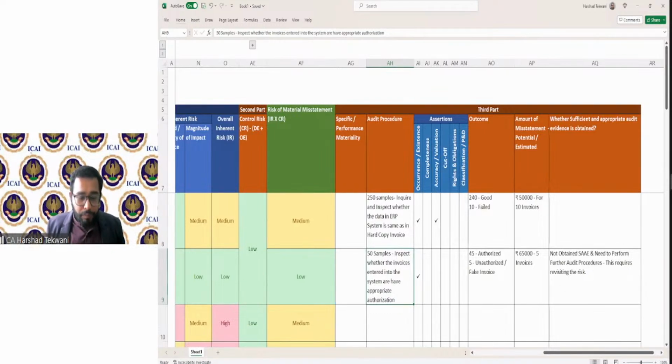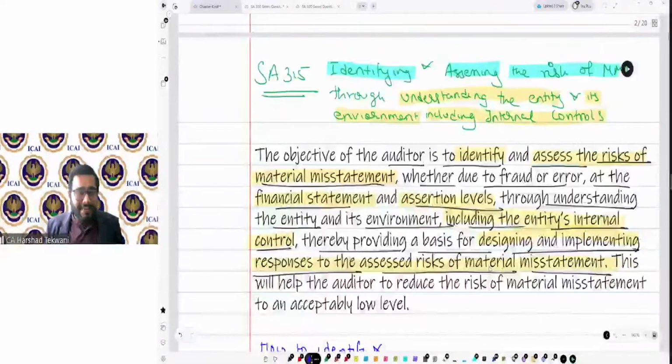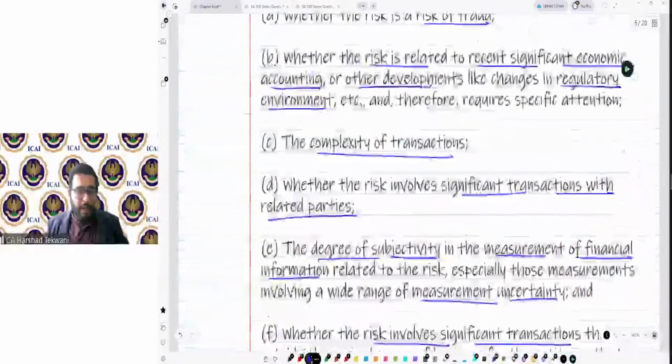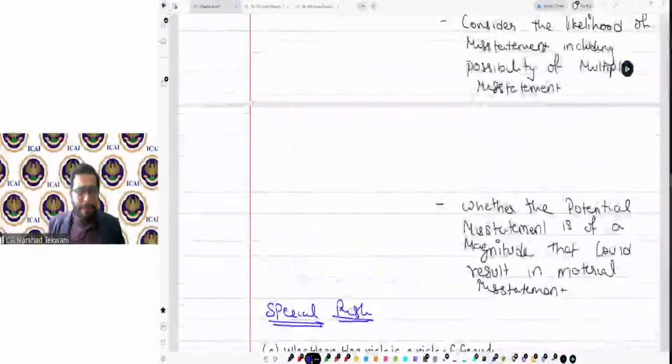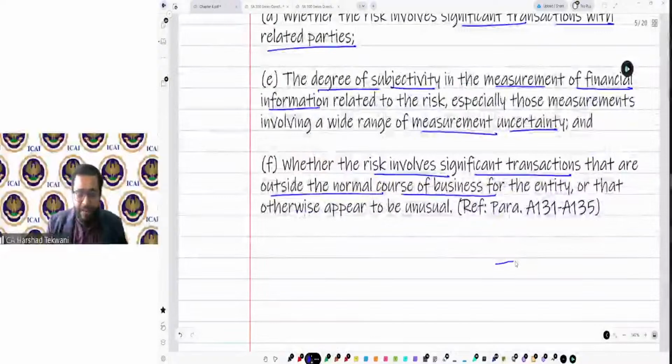Whenever I perform a risk assessment, I need to revisit the risk.